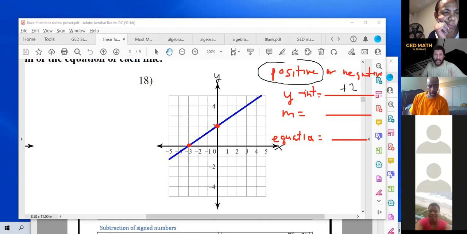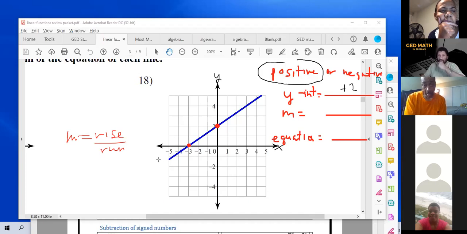Okay, now to find the slope, if we already have a graph, we're going to use what? Rise over run. Which point should I start with?